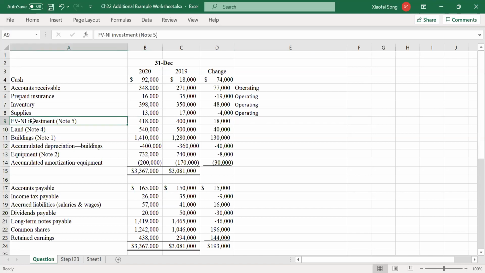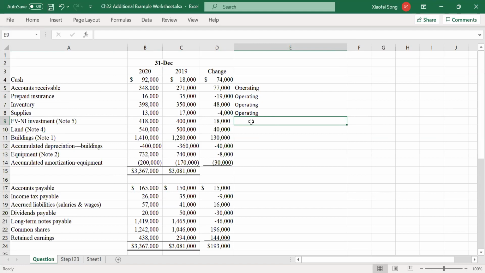So, fair value through net income investment. There are many issues about this. First, this is an investment. However, some companies treat it as operating, and the textbook did that as well.